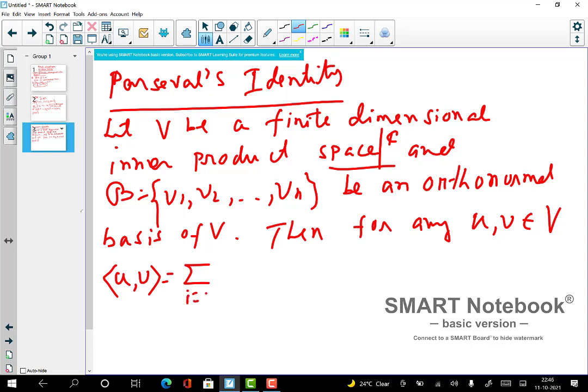It will be the sum from i equal to 1 to n of the inner product of U with Vi times the conjugate of the inner product of V with Vi. So this is a general form, and the particular form I will also write down. This is the identity for the inner product space.